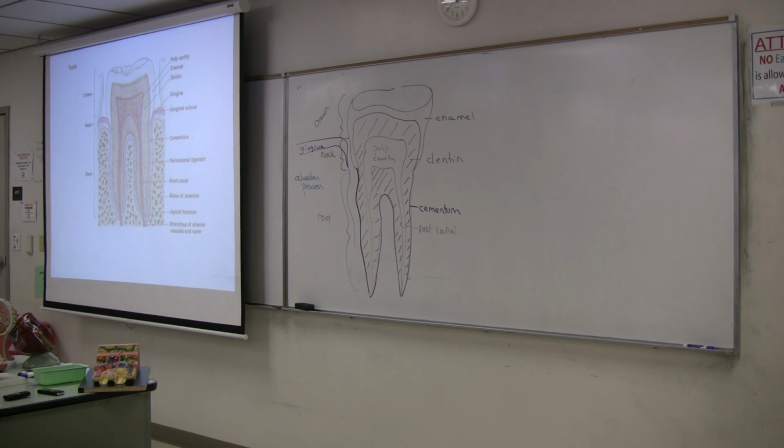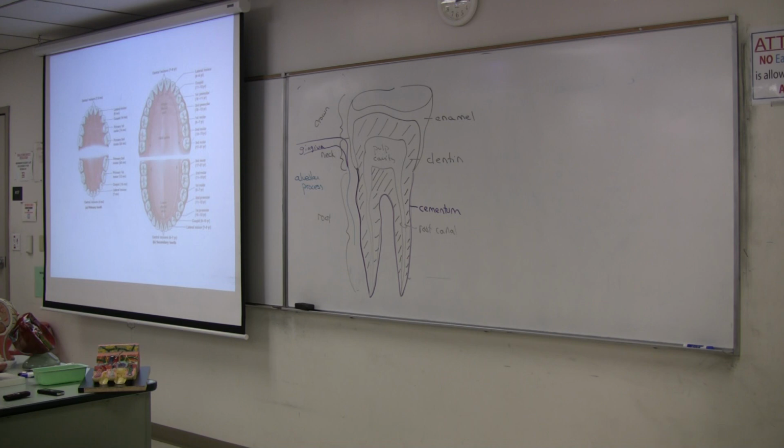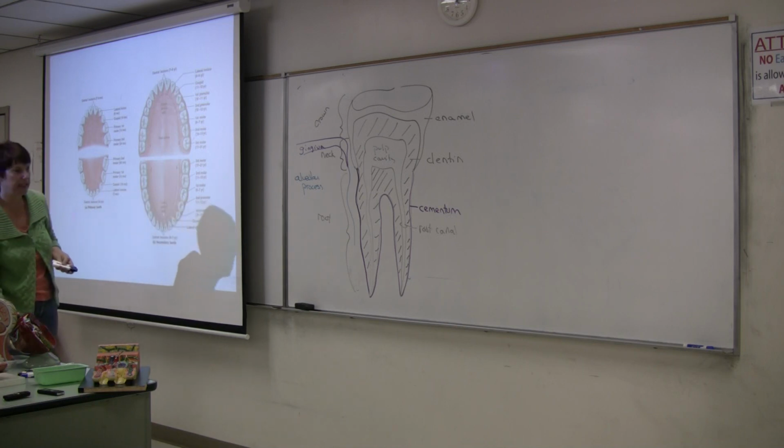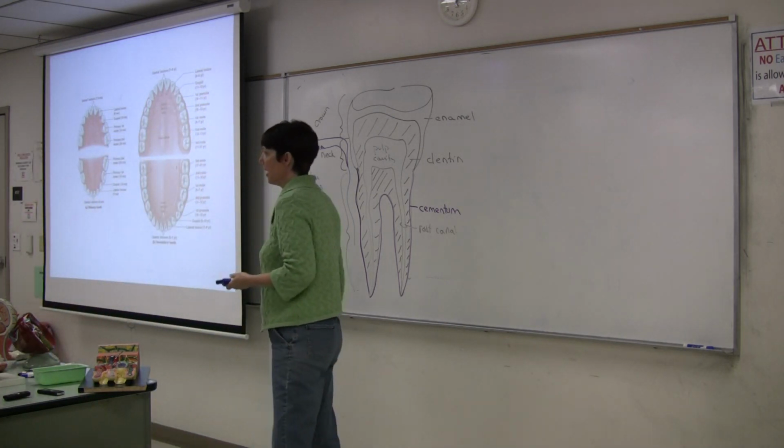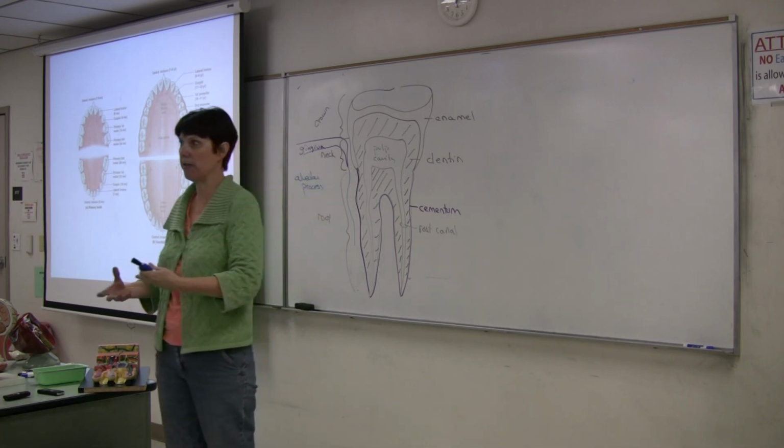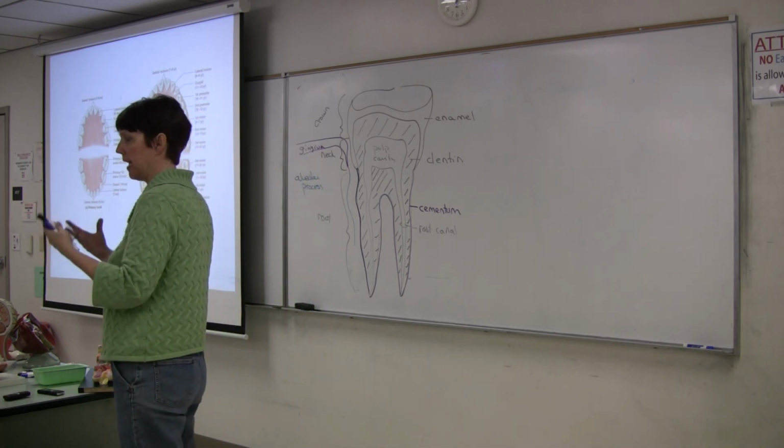Now we look at dentition, and dentition is the pattern of the teeth in the mouth. And we have primary teeth, which are the deciduous teeth. All of these primary teeth have a permanent counterpart, so they are replaced by the second form.